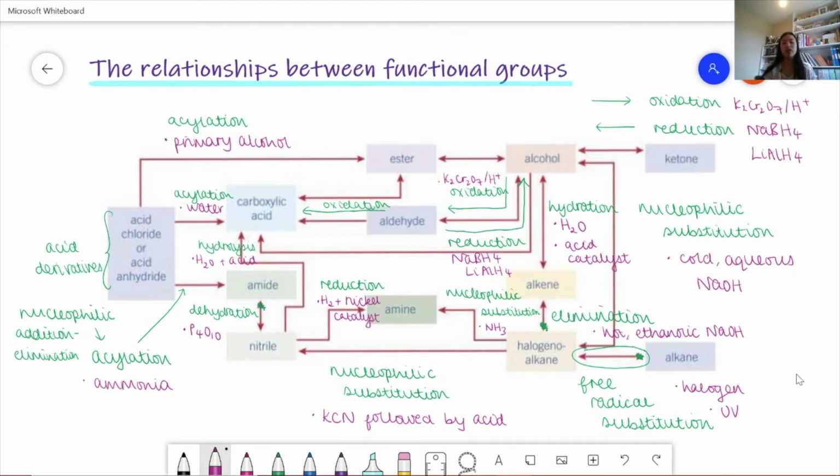We can also go straight from a primary alcohol to a carboxylic acid. This would be an oxidation reaction, and we would use the potassium dichromate with a H plus catalyst. Then to get from a carboxylic acid to an ester, this is an esterification reaction.